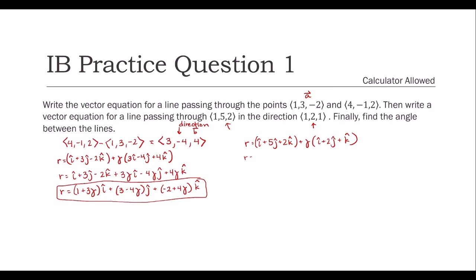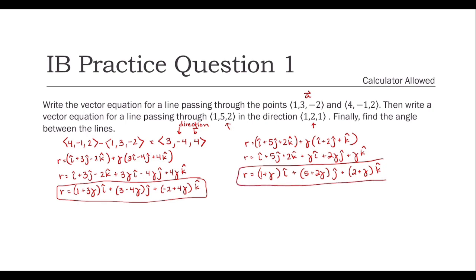So we have r equals i plus 5j plus 2k plus gamma i plus 2 gamma j plus gamma k, which then becomes r equals (1 plus gamma) times i plus (5 plus 2 gamma) times j plus (2 plus gamma) times k. So there are your equations of your lines.